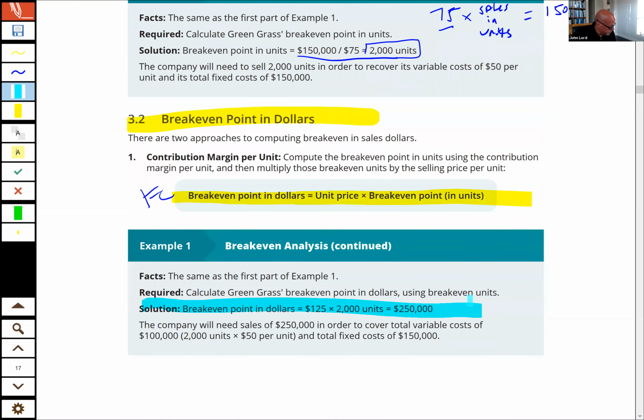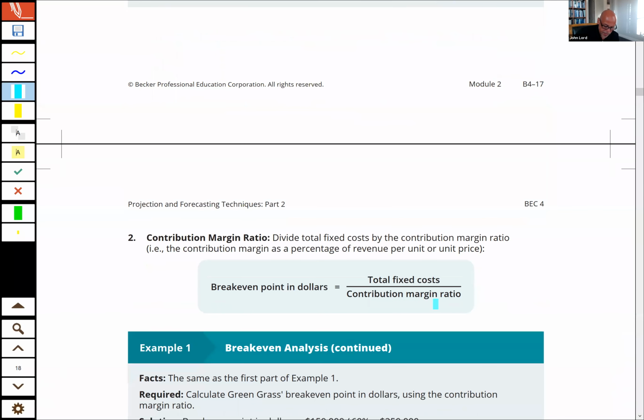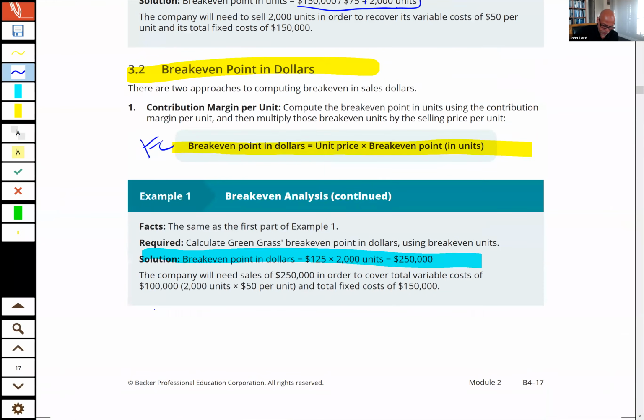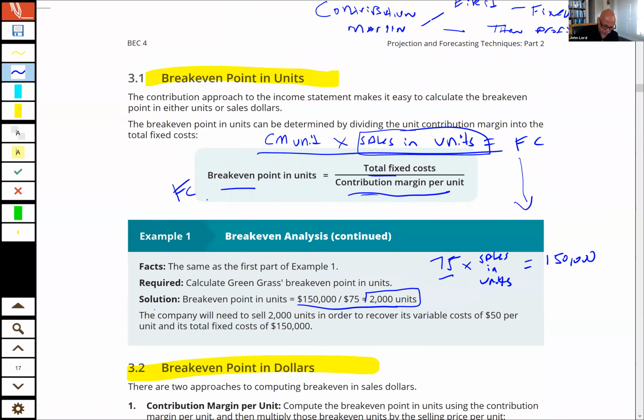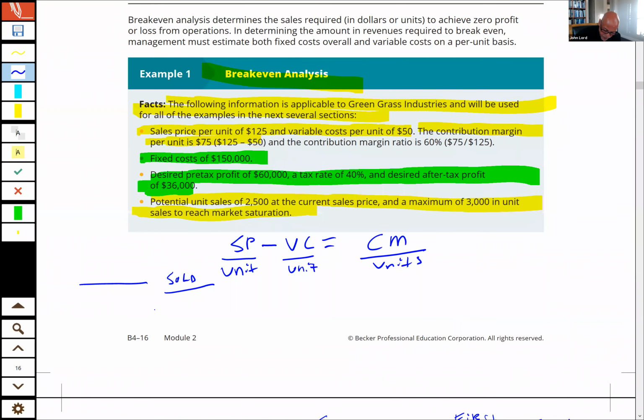Then you come over and you could just have that number come out in dollars automatically by using the contribution margin ratio. I don't like the way they did this because they put all the facts up here at the beginning and then I have to go back.